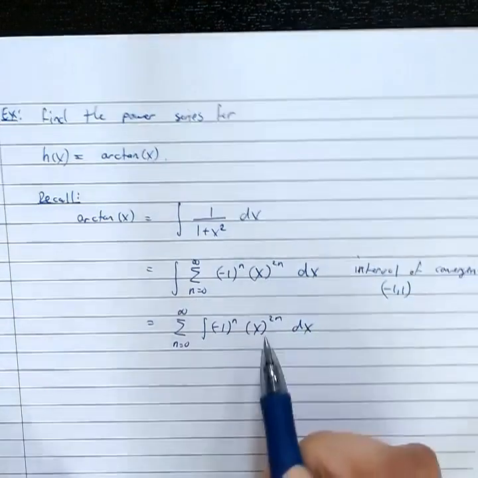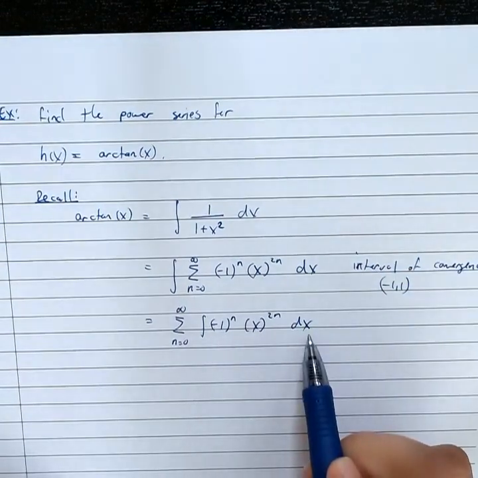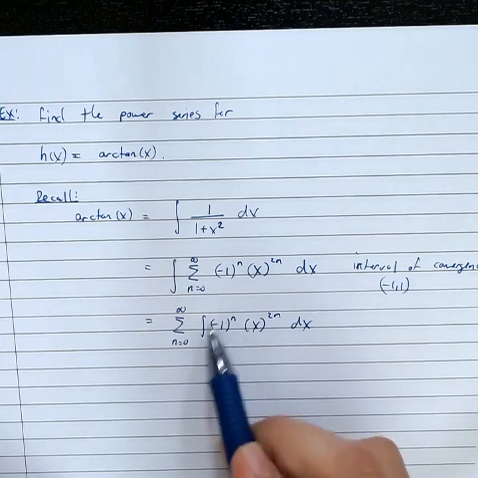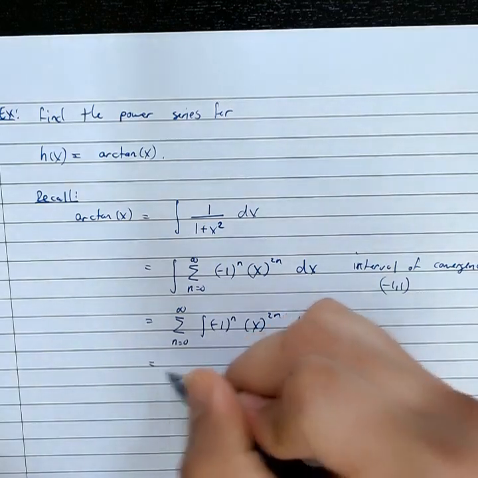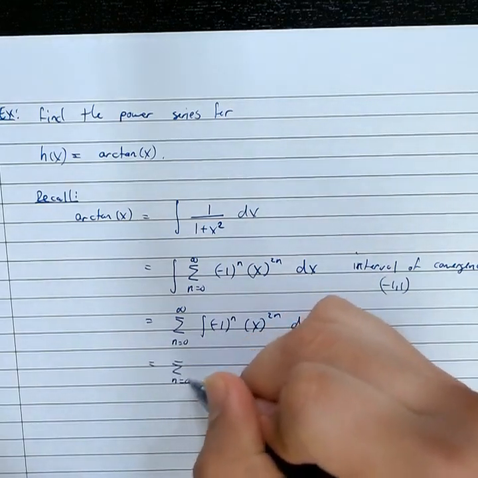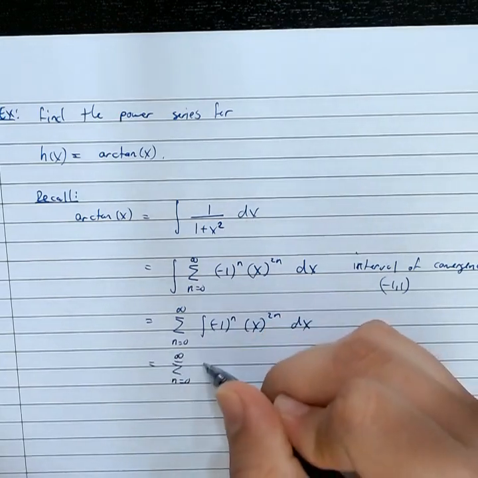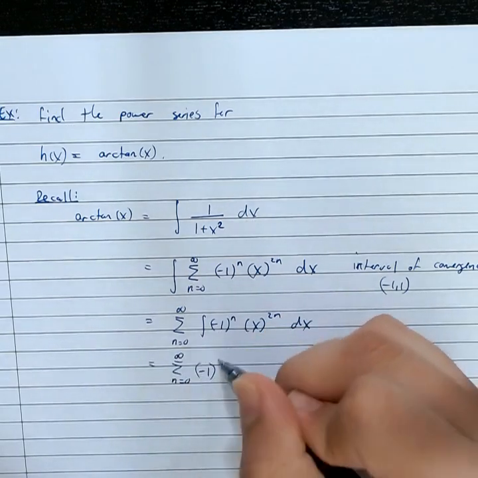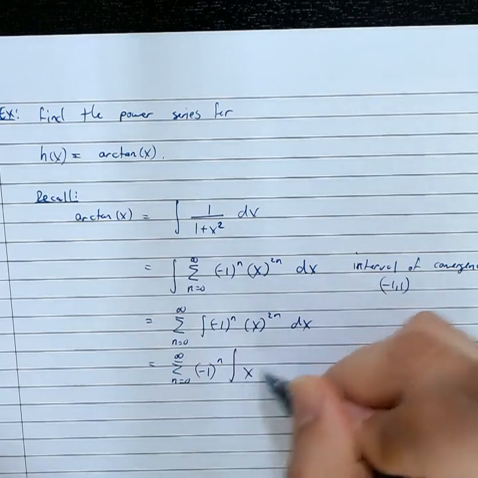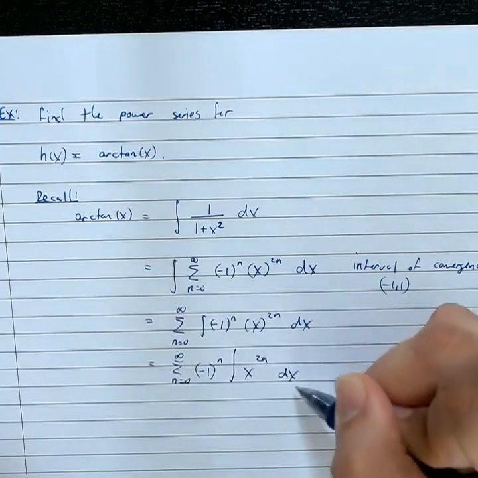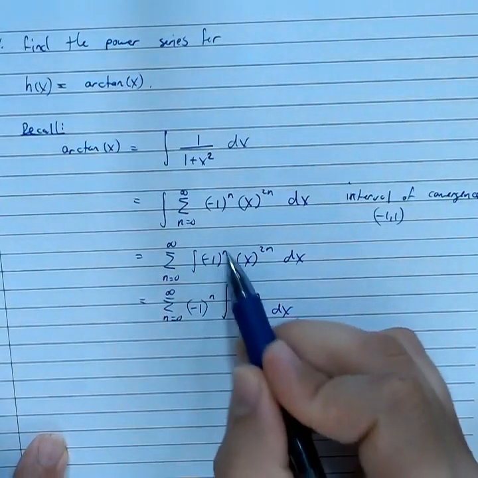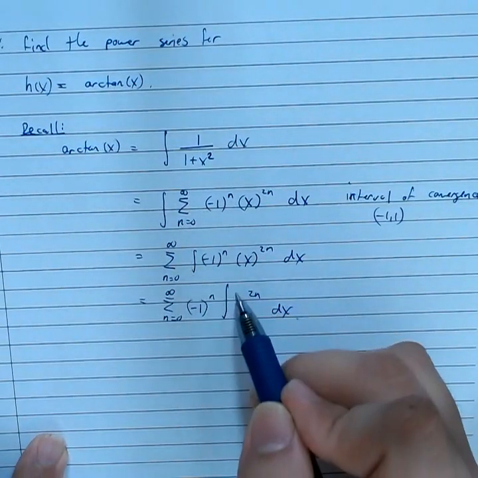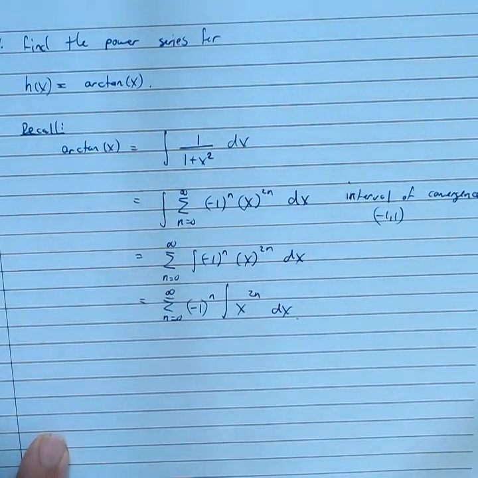Okay. Notice that's a constant with respect to x, right? That's just -1 or +1, which means I don't even have to worry about that one. I can just write this as the sum as n goes from 0 to infinity of -1 to the power n times the integral of x to the 2n dx. Right? That's a constant with respect to x. There's no x there, so it can be brought out thanks to the linearity of our integral.